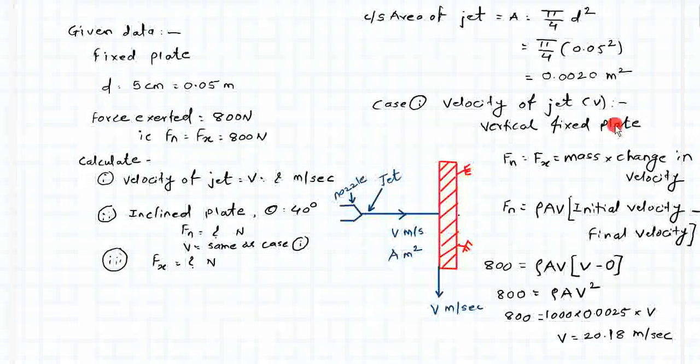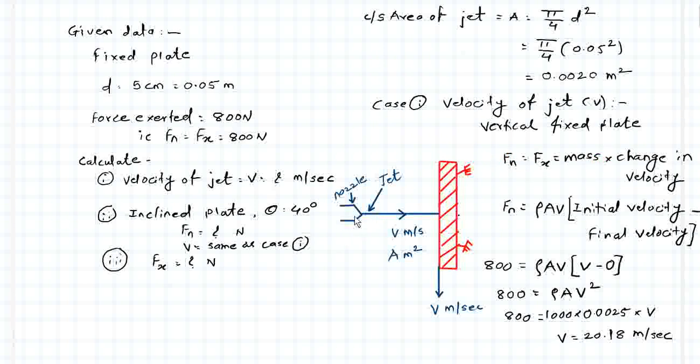Here the plate is vertical, so we consider one vertical plate. On that plate, through the nozzle, the jet is impacted and produces a normal force Fn. So using the impulse momentum equation, we can calculate the normal force exerted by the jet on a surface. So here we can say Fn is equal to mass into change in velocity.